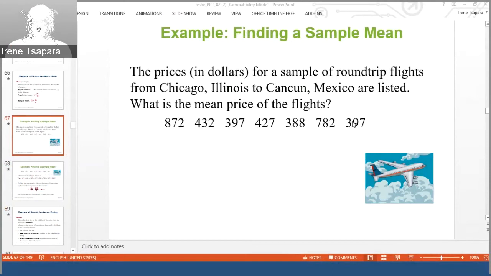It will have the same sum also, if you add them up, with this data set that you see on your screen.